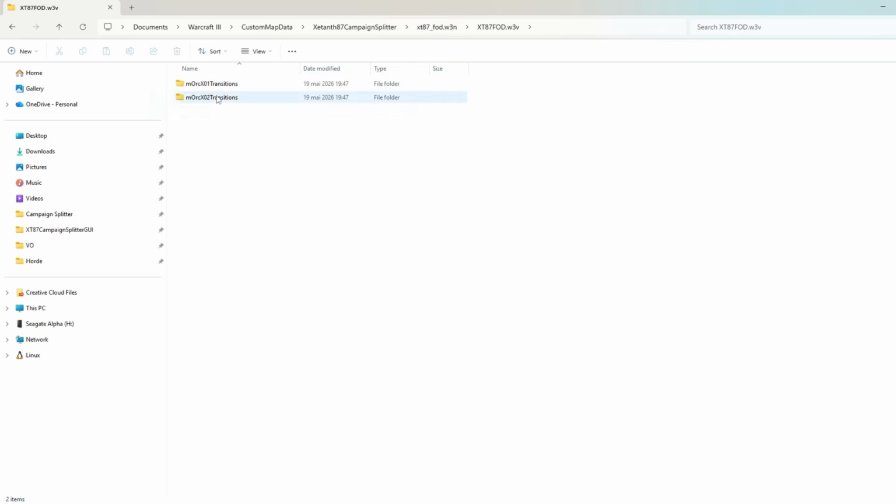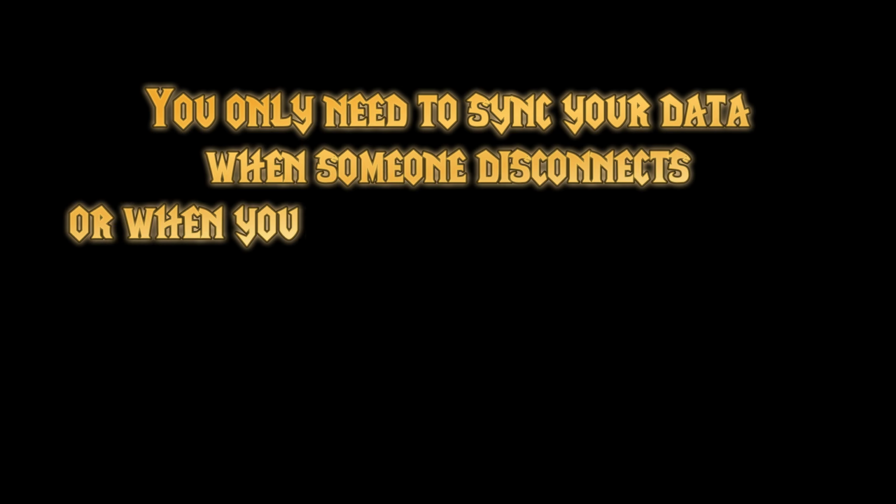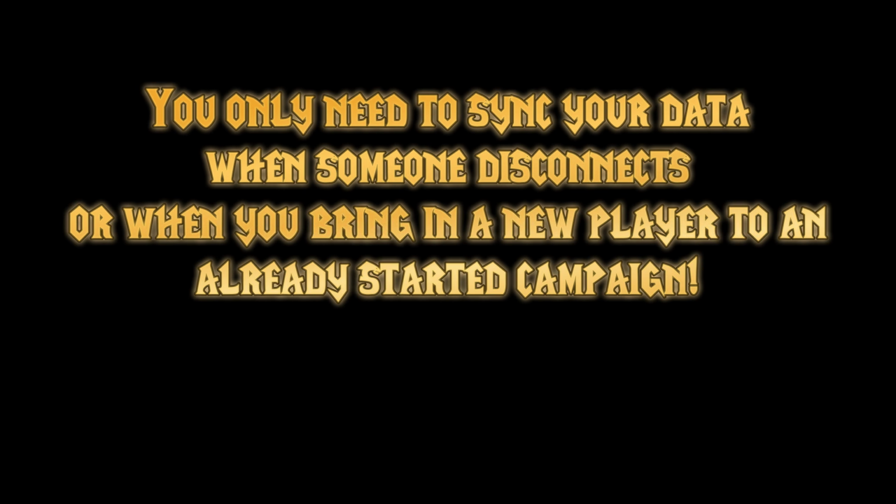After they've replaced their folder with the one you gave them, you will be able to play together again. You only need to do this when there's a mismatch between the players' cached data, which is very rare.